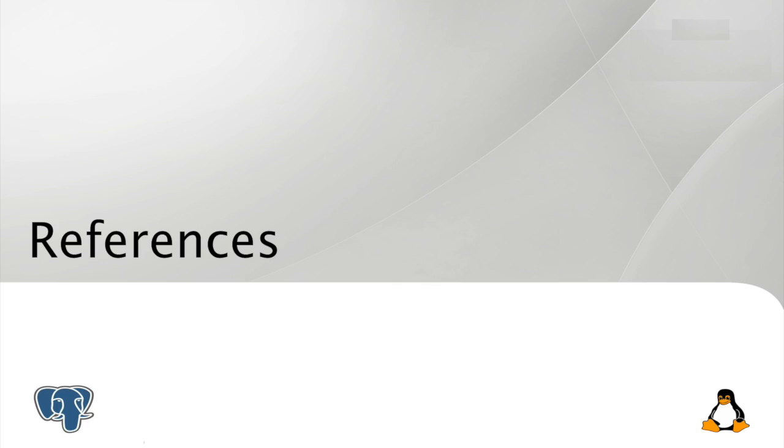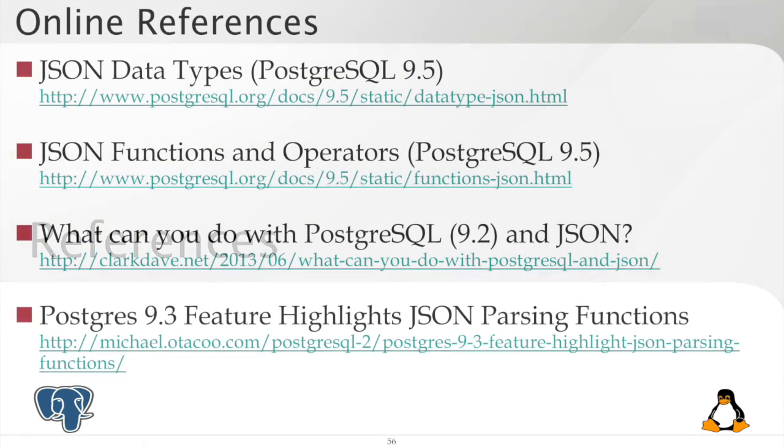And let's have a look at some of the references. The first two links here will take you to the official Postgres documentation on data types and functions and operators. And the last two links are for those wanting to learn more, and it would take you to some articles written by other persons. They were done with earlier versions of Postgres, but they work exactly as described.